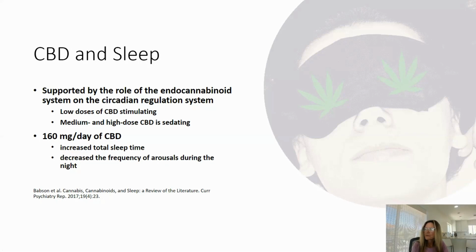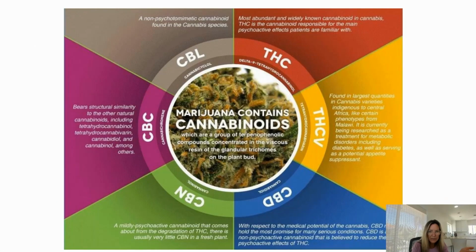So there has been interest in exploring some of the other cannabinoids. Even though most of the research on the cannabinoids, especially in reference to sleep, has been on CBD and THC, we have to remember there's a whole lot of other substances in the cannabis plant, other cannabinoids, and also, of course, the terpenes.